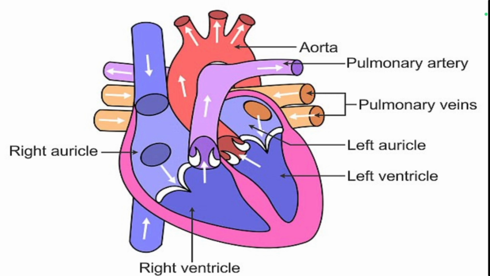Then it also has pulmonary veins, pulmonary artery, aorta, and vena cava. Now we'll be studying, as I told you, about pulmonary vein and artery. Let me tell you about the aorta. Okay, the aorta is the biggest artery in our body. Then the vena cava is the biggest vein in the body.